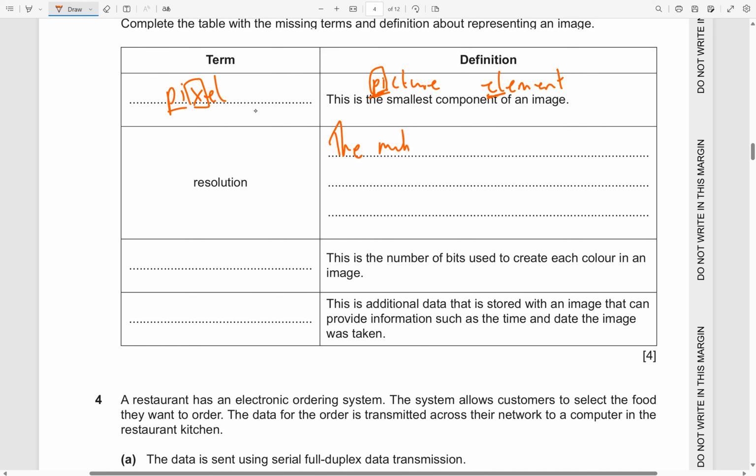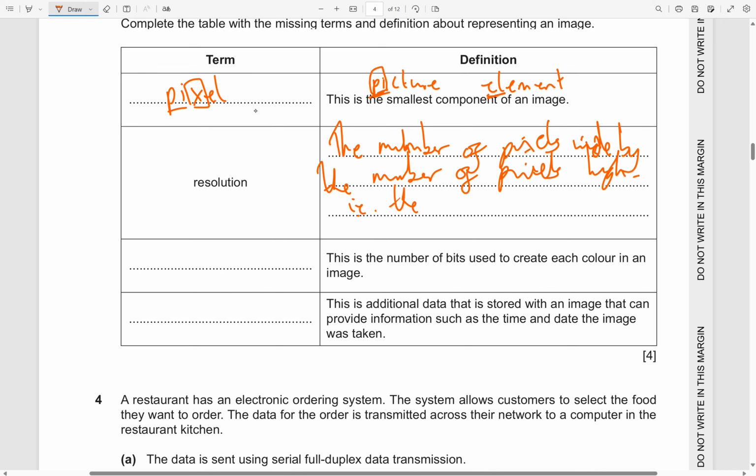Or you can say the number of pixels in the columns, the number of pixels wide by the number of pixels high, i.e. the total number of pixels in the image.